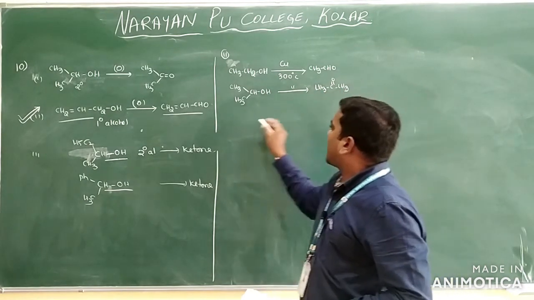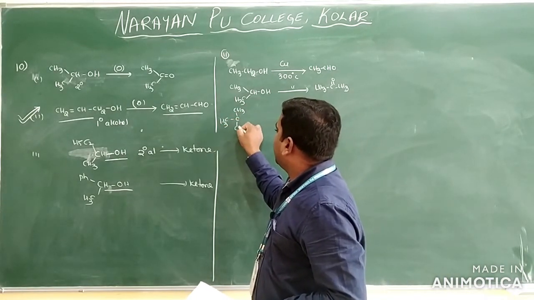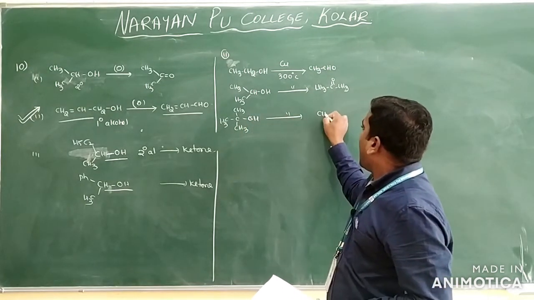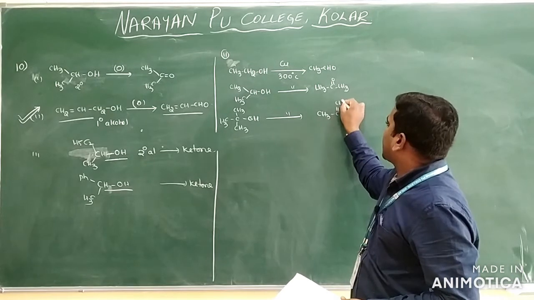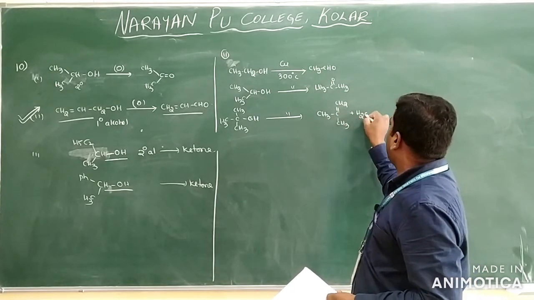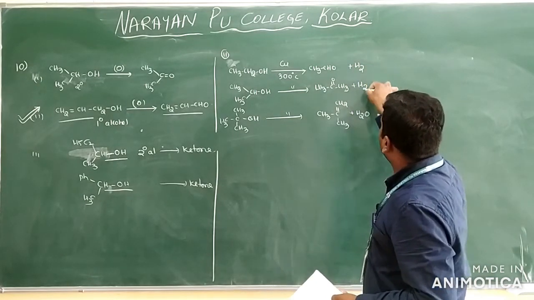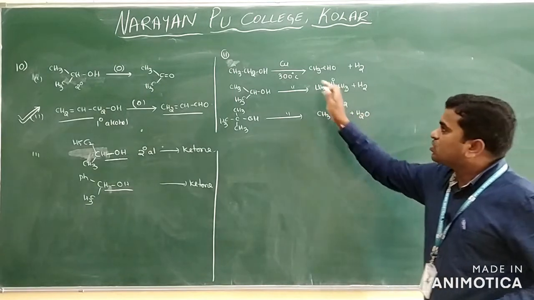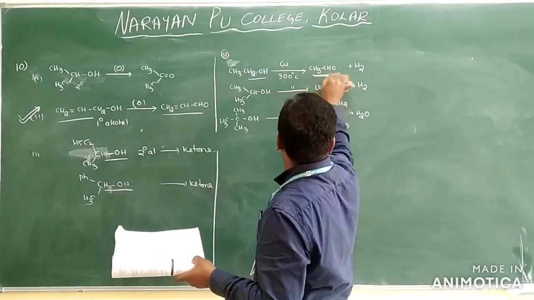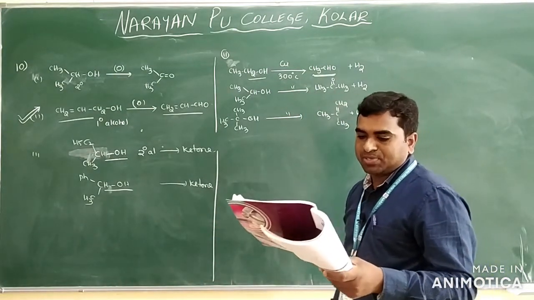And tertiary alcohol with copper at 300 degree centigrade gives the alkene that we have already studied, plus H2O. Dehydrogenation and dehydration. They have given primary alcohol here, so it is oxidized to aldehyde. So our option should be option 3. Answer should be option 3.